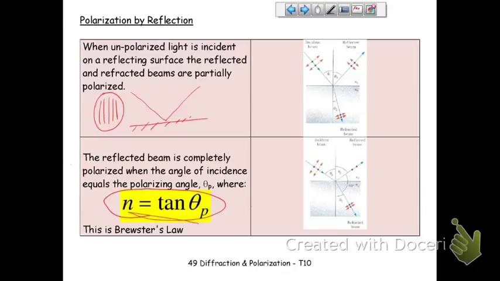The glare from the water, the glare from the chrome is completely polarized because of the angle that the sun bounced off it. It's all polarized.